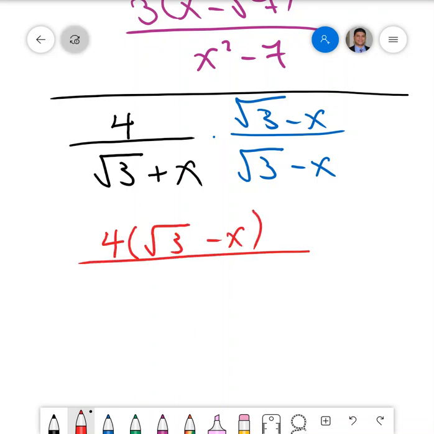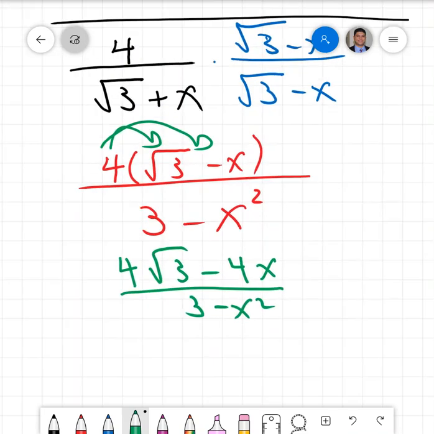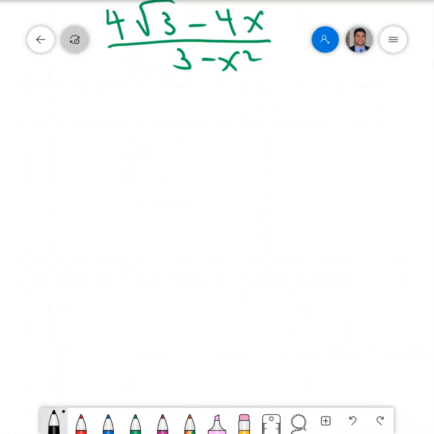And now by denominator, radical 3 plus x times radical 3 minus x. We use conjugate to get rid of radical, so it will be 3 minus x squared. And now we can distribute 4 over each term, so it will be 4 radical 3 minus 4x over 3 minus x squared.